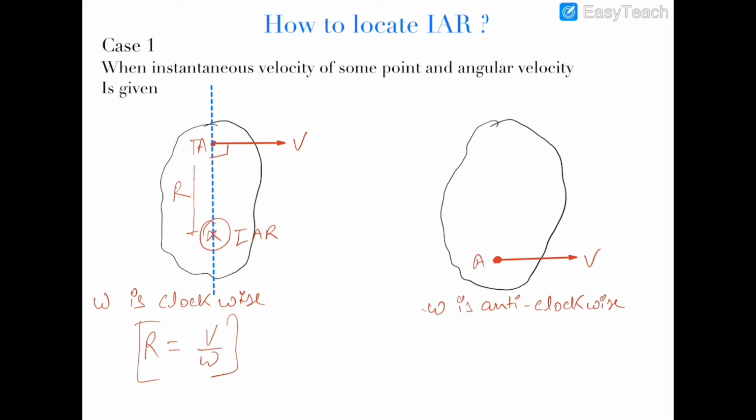Now if this velocity is given in the same direction V, but omega is given in the anti-clockwise sense, first of all, let us draw the perpendicular.